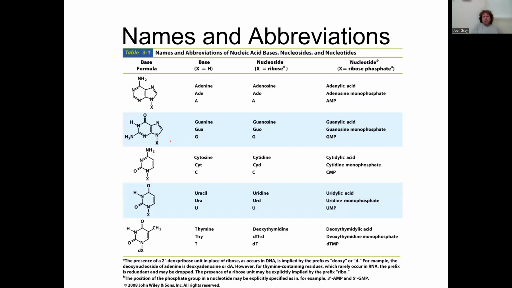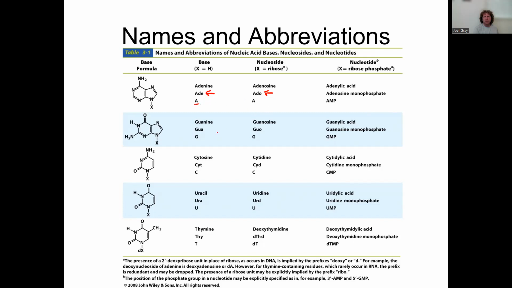Okay, so this is basically extracting that same piece of information that we looked at, but it also goes through what our identifiers are. This 3-letter identifier for bases and nucleosides is pretty uncommon.